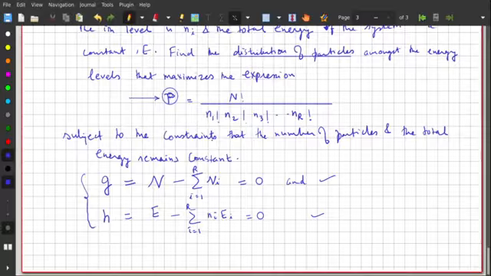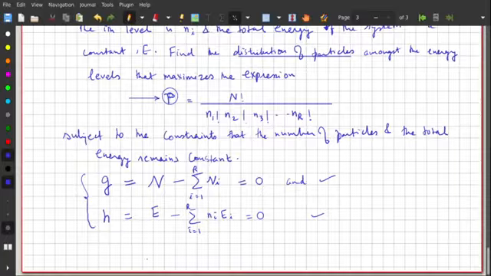Minimizing the denominator is the same as minimizing the logarithm of the denominator. And why do we take the logarithm? Because we saw in the previous segment that we want to use Stirling's approximation, since we want to use calculus. That means we want to convert these discrete objects into a continuous function.